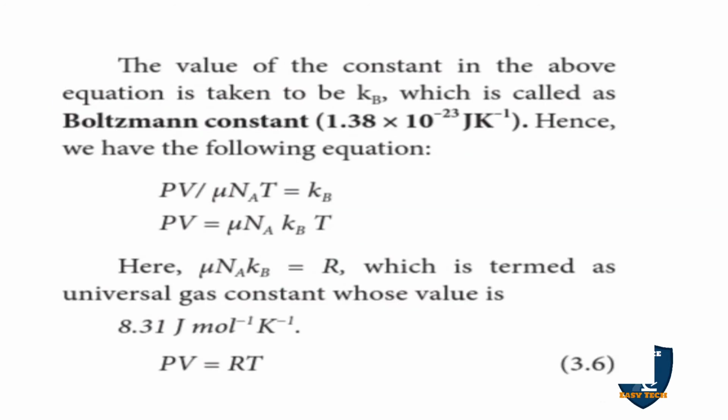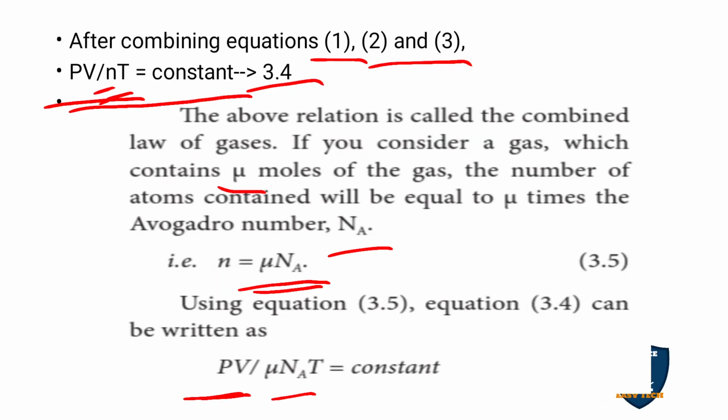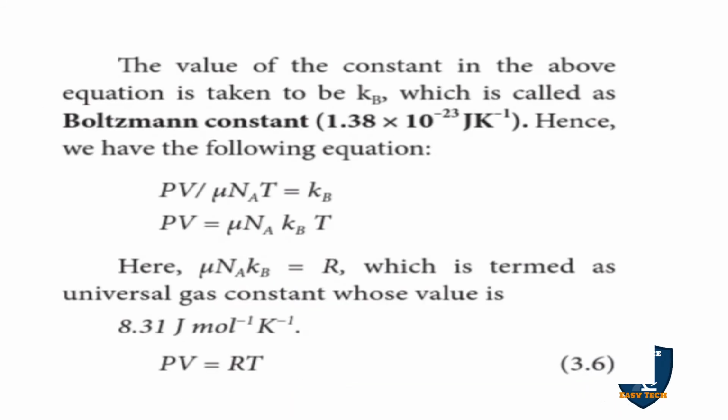The value of the constant in the above equation is taken as Kb, which is called the Boltzmann constant. Its value is 1.38 into 10 to the power of minus 23 joule per Kelvin. Keep it in mind, they can ask this for 1 mark. Hence we have the following equation.